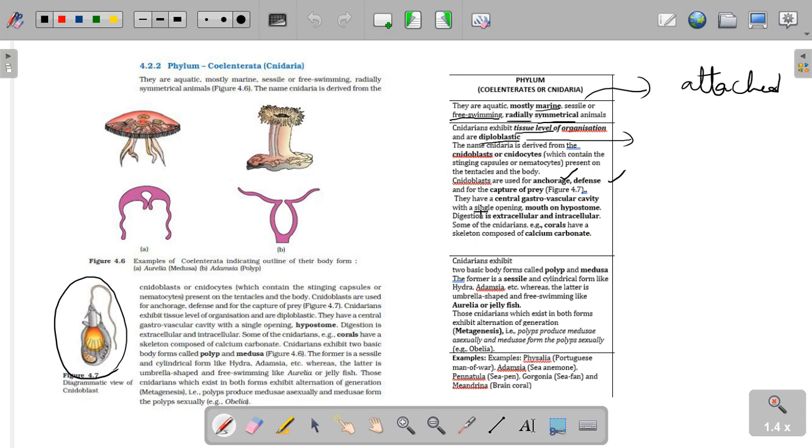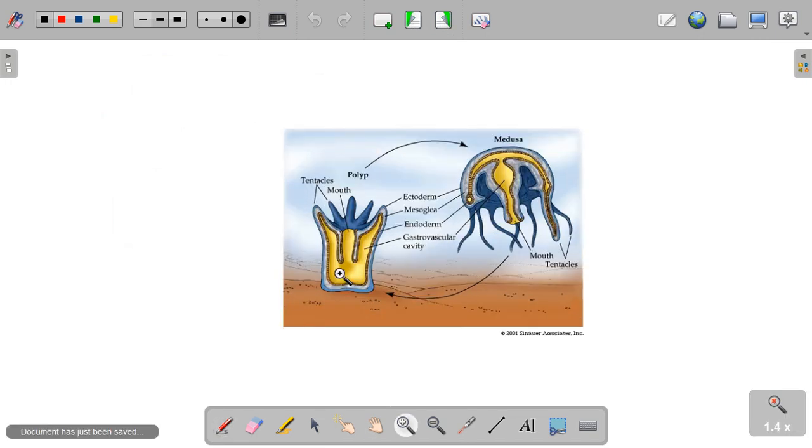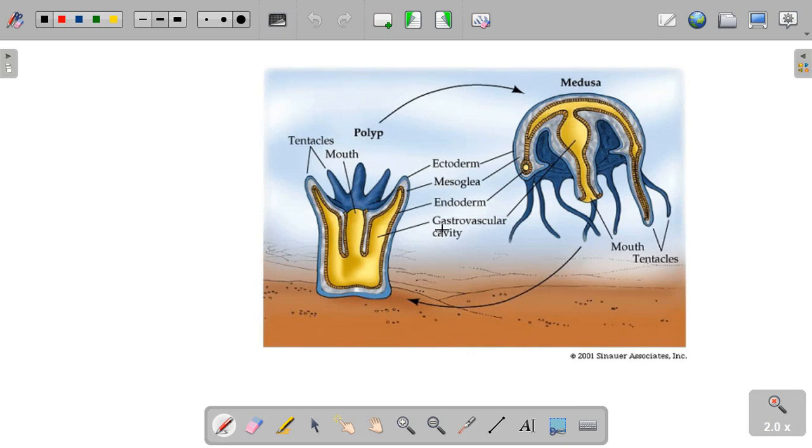And the body has a central gastrovascular cavity. Like I said in the previous classes, having a cavity in the body, especially in poriferans. Looking at this picture, you can clearly observe the gastrovascular cavity. You can see these are the sessile and these are free swimming.